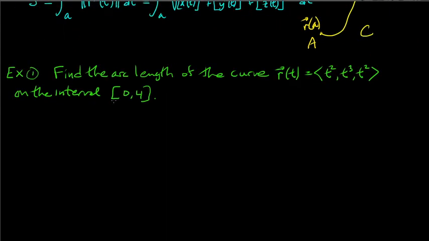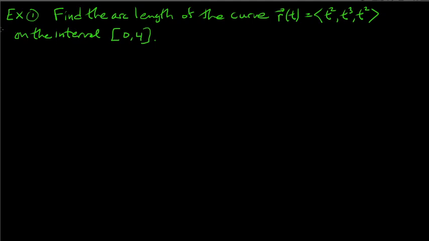So what do we need? We need the derivative of r, and then we'll need the magnitude of that. So the derivative is fairly routine: 2t, 3t squared, and 2t.